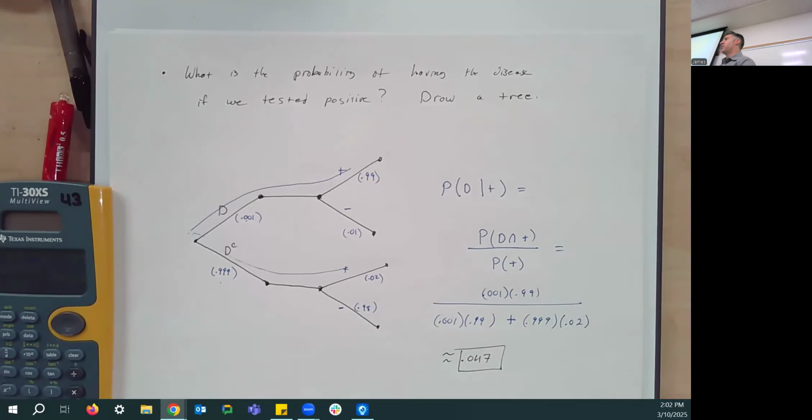So just another reminder that, even though the probability of having a positive test, given that you have the disease, is quite high, right? The test is very accurate. That doesn't mean you have the disease if you test positive necessarily. It's a much lower chance of actually having it because, again, the disease itself is not very prevalent.